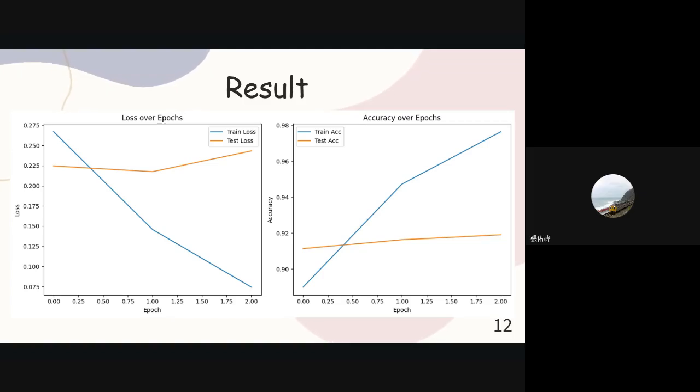Let me add on some of my thoughts. We can find that for the loss over epochs, at the second epoch, the test loss slightly increases, but very small. But for the accuracy over epochs, we find the accuracy didn't drop. And the gap between training and testing accuracy is around 5 to 6%.